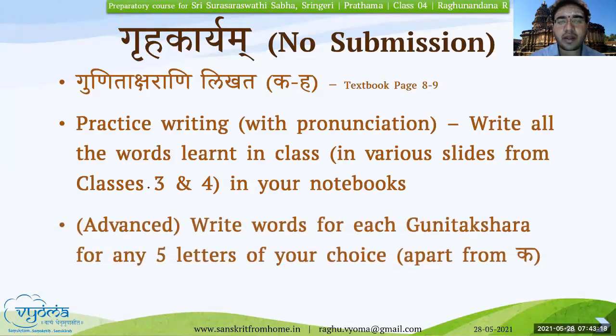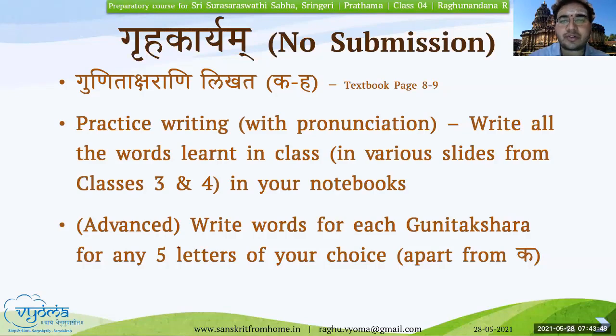And the last one, which is a bit advanced task for the current moment, is to write words for each Gunitakshara. The way I showed you one mala, wherein for ka we had karaha, for kha we had khakaraha, and so on. For each of the Gunitaksharas, we had come up with one word each. In this way, you can start doing this in your notebooks or on sheets of paper for different letters.